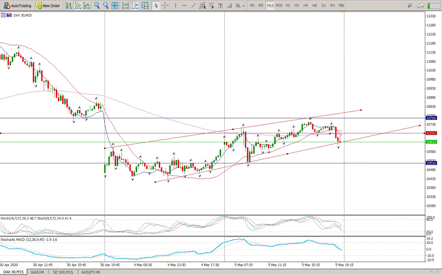And if we just look at what's happening on the futures market right now, Nasdaq futures is flat, DAX futures is flat, and US futures is flat after not much of a move yesterday.